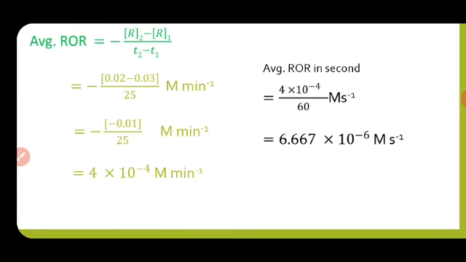This is molar concentration, because the unit will come as what? Concentration divided by time. So molar is the unit of concentration in the numerator, and per minute is the unit for time.